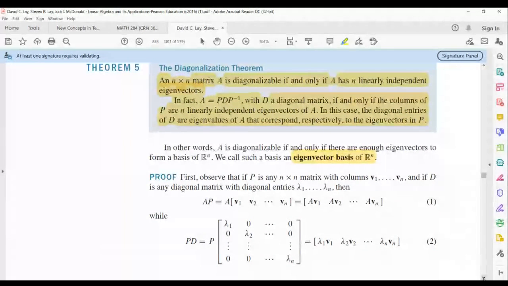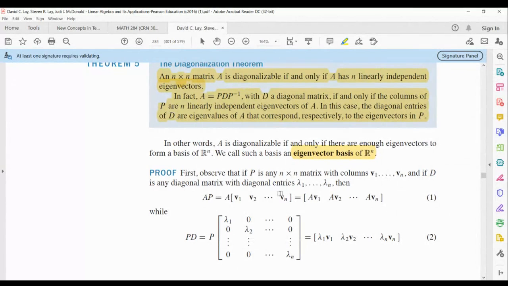Let's say we're going to multiply matrix A times P, and the column vectors of the matrix P are the eigenvectors of the matrix A. Well, if you remember about matrix multiplication, you could then write the matrix A times P as the matrix whose column vectors are A times V1, A times V2, and A times Vn.